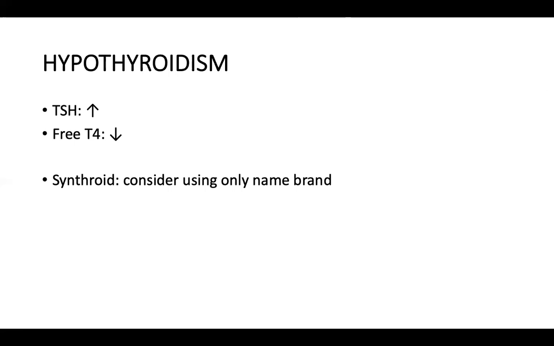China, India, and the quality controls on those drugs are not as good as the brand name Synthroid, and therefore the amount you get is exactly right in the name brand, and it may be a little bit different if you get generics.